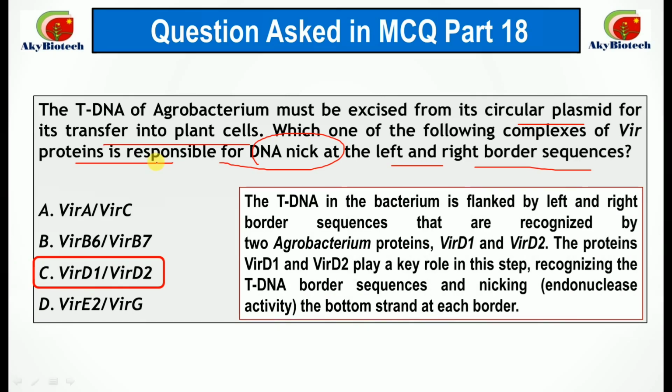So the explanation for this is that the T-DNA in the bacterium is flanked by left and right border sequences. These are recognized by two Agrobacterium proteins, VirD1 and VirD2. These proteins play a key role in this step, recognizing the T-DNA border sequences and nicking the bottom strand at each border through endonuclease activity.